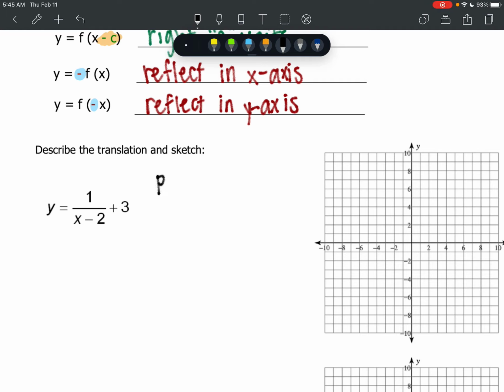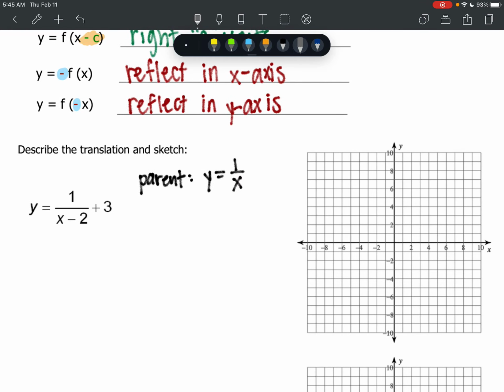Here we have our parent function. I'm going to list that as y equals 1 over x. So I'm going to plot that parent function. We know we have these 3 points right here. And I'm just going to make a little dashed line.